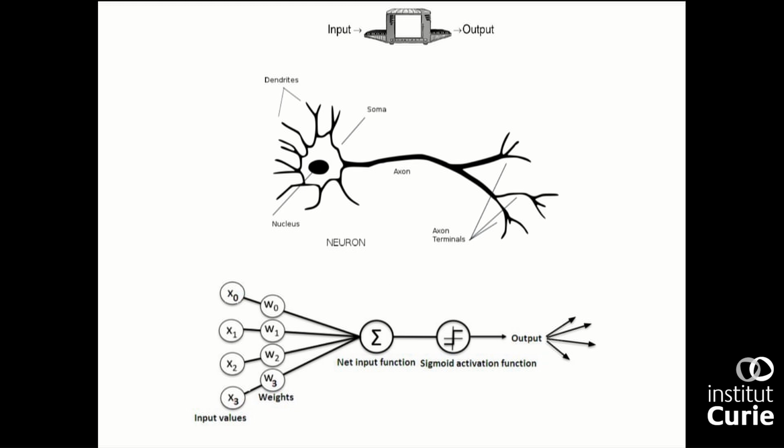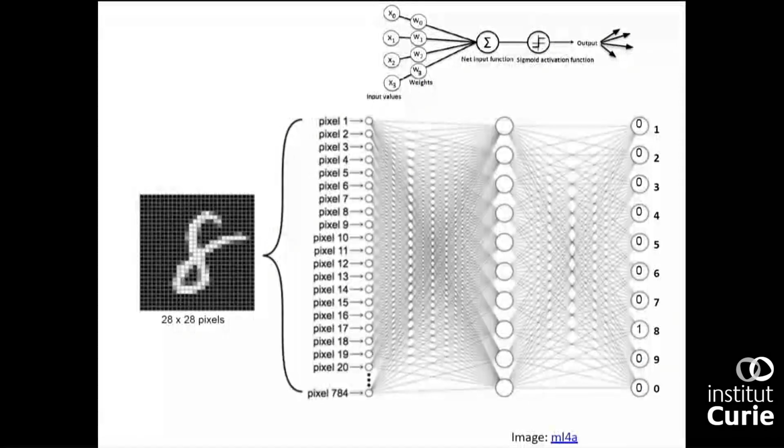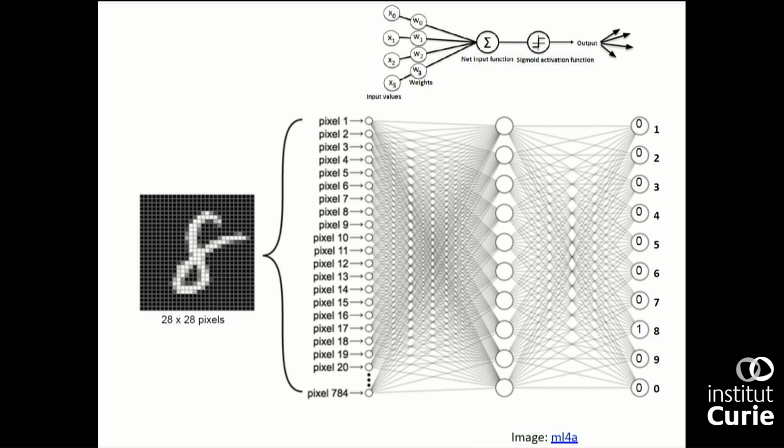So this is very simple, and then when you do deep learning, you make a pile of these neurons. This is now a real network for the real task which I just described in the first slide. Here I have a 28 by 28 pixel image, so 784 pixels.